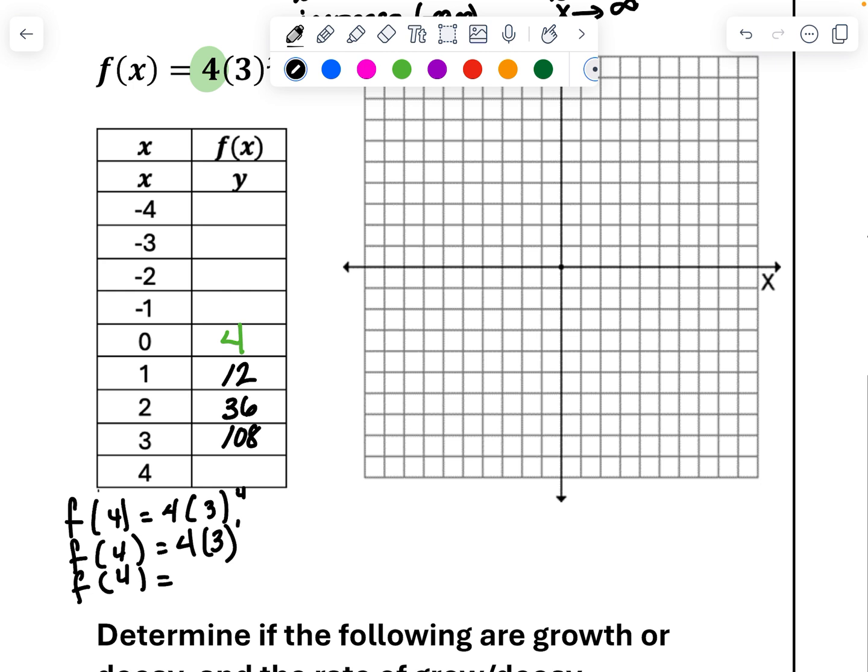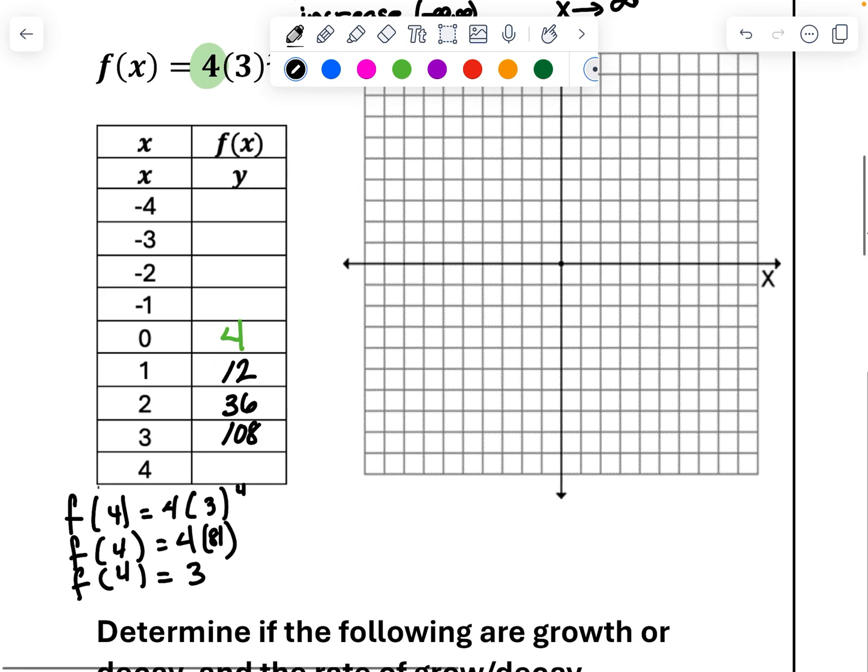So that would be 3 to the 4th power. 3 to the 4th power is 81, and 81 times 4 is 324. Is that right? 81 times 4. Yep, 324.